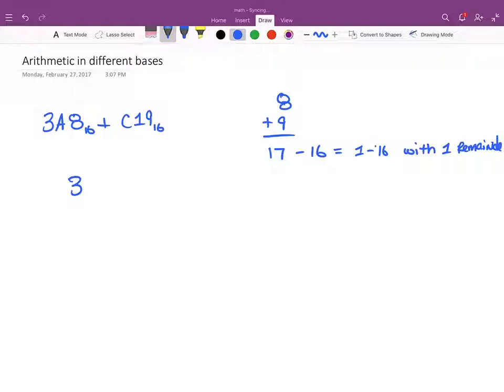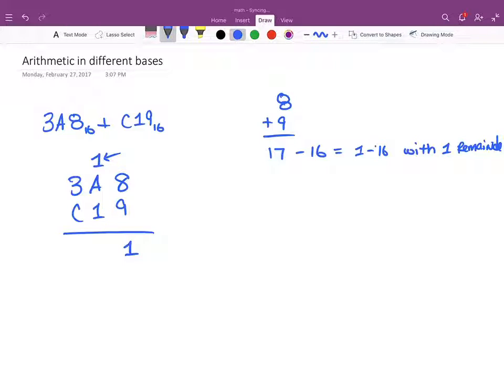So if I wrote that in the normal way, 3A8 plus C19, the remainder of 1 would go down here. Now the 16 ones would carry up here, the one that carried over represents the 16 ones we took out of the 17.